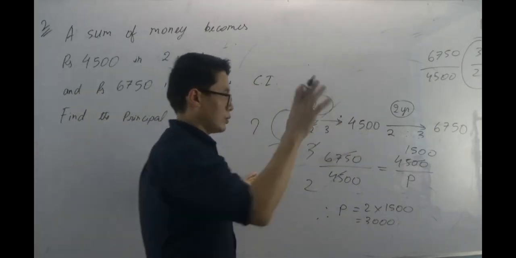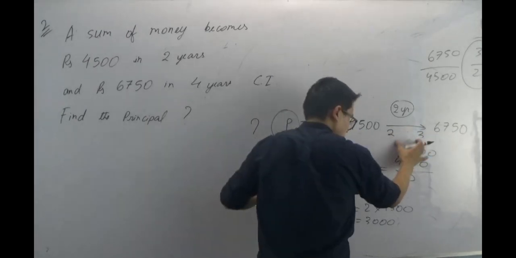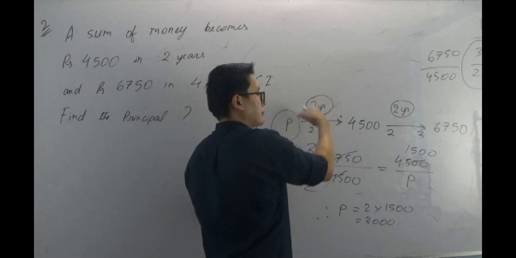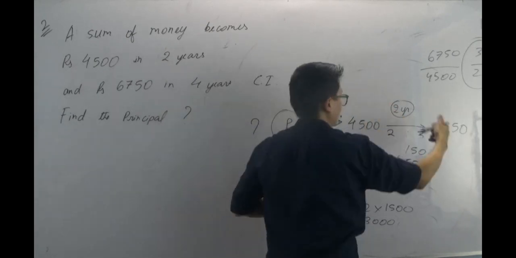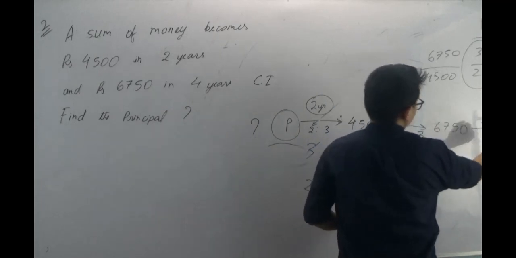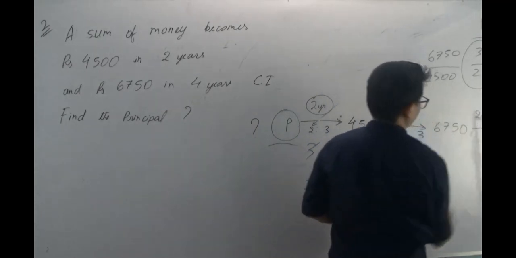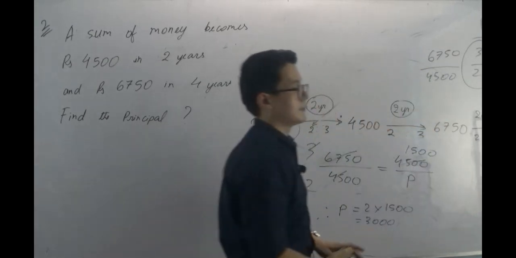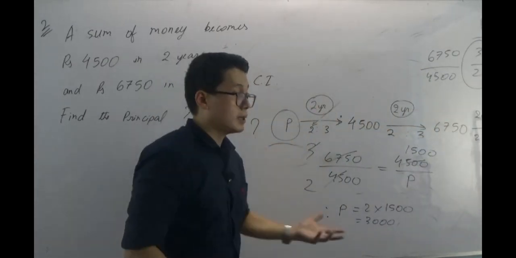Ratio concept. So what you have to understand is this ratio will remain the same as long as the time gap is the same. After 6,750, after 2 years, the same ratio holds.